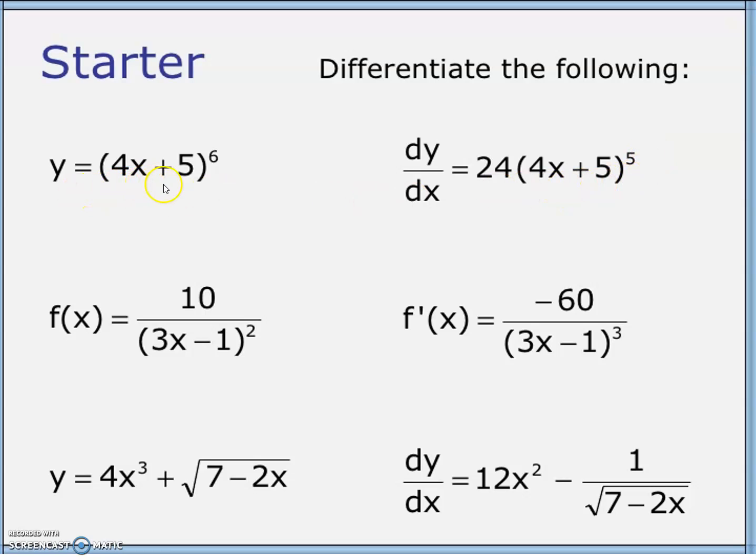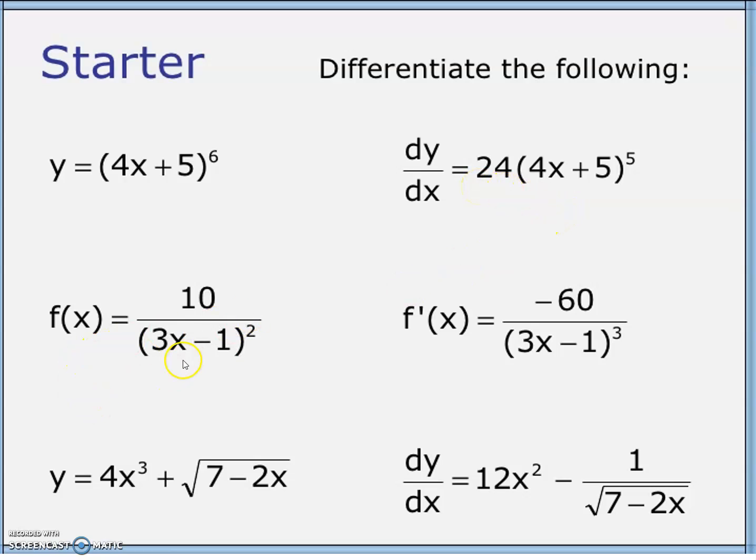Again we take the derivative of 4x plus 5, so we have to apply the chain rule here. Derivative of 4x is 4, and the derivative of 5 is 0.